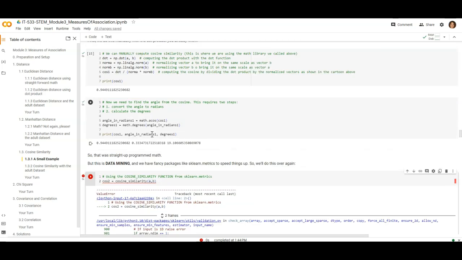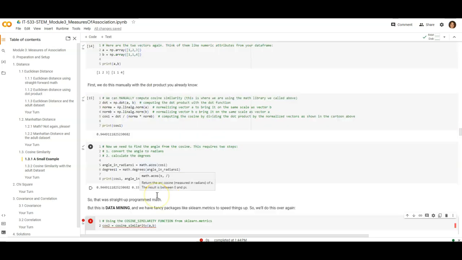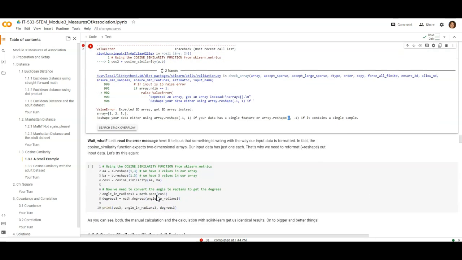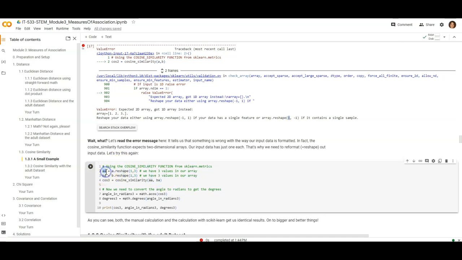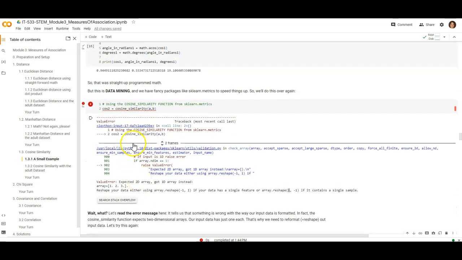Yeah, because this here is a single sample, right? This is another single sample. So now we need to actually align our arrays. Let's do that. So I'm going to call my first array, instead of A, I'm going to call it A, and I'm going to use reshape for my array A here.